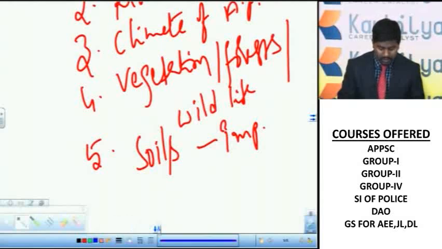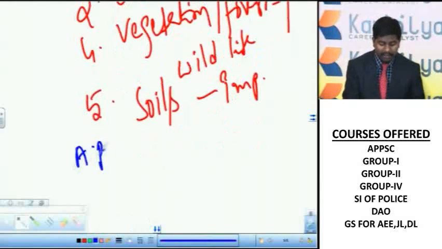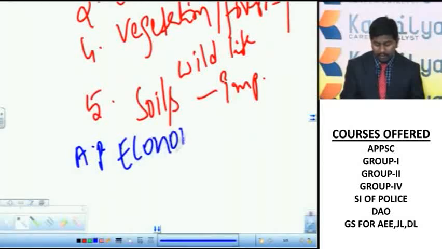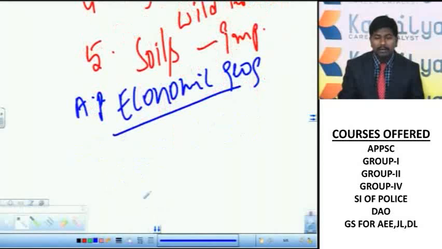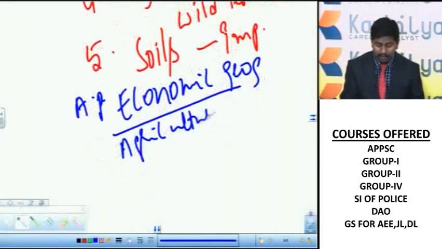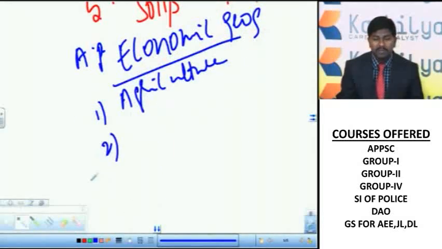Then we are coming to AP Economic Geography. Here we will discuss agriculture in AP, the agricultural seasons and important crops grown in AP, the districts which are the leading producers of some of the food crops and the districts which are the leading producers of some cash crops.